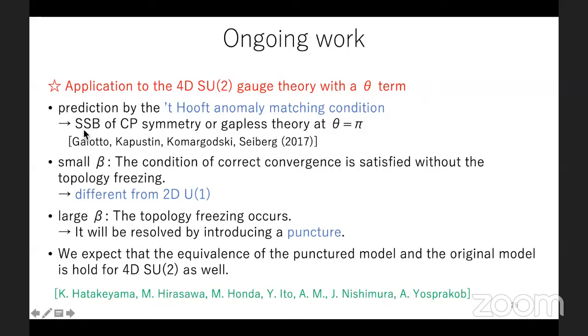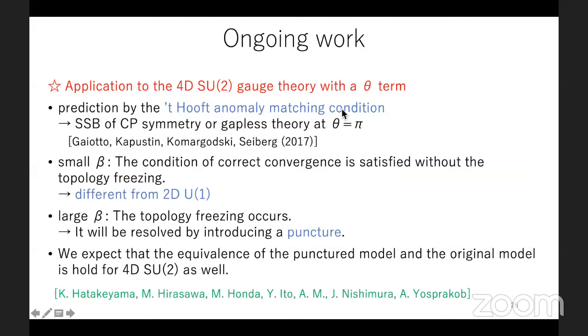One is that spontaneous symmetry breaking of CP symmetry happens, or it's a gapless theory like a CFT. There are these two. We don't know which scenario is realized.